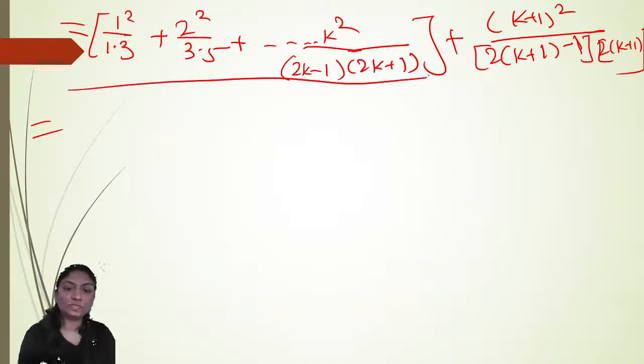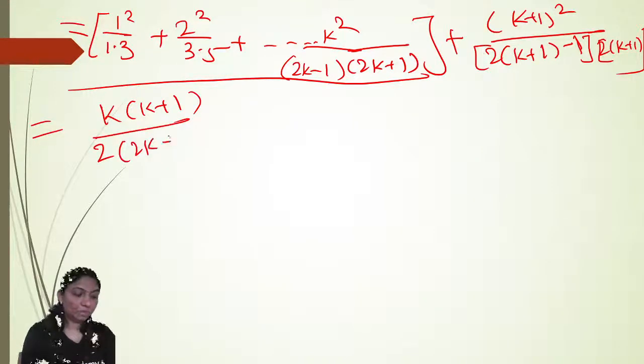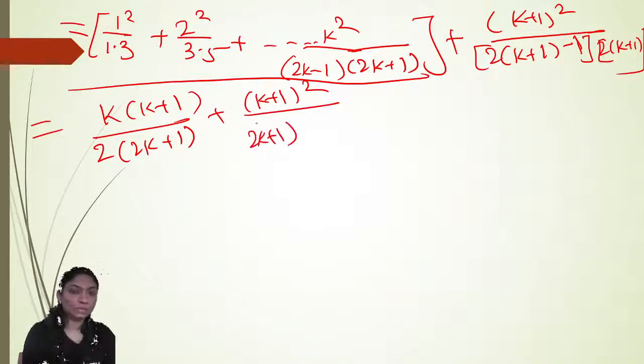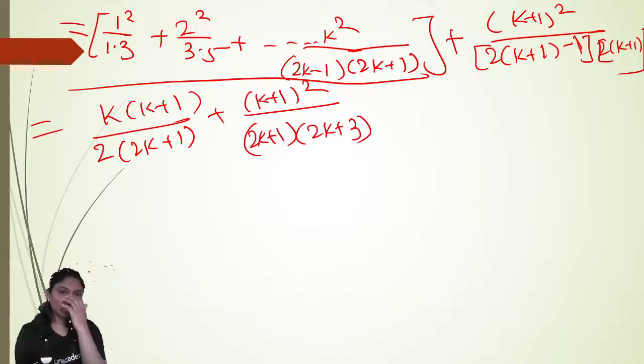As we already proved, the result is true for n is equal to k. Instead of this, we can write k into (k plus 1) upon 2 into (2k plus 1), plus (k plus 1) square upon (2k plus 1) into (2k plus 3), right?